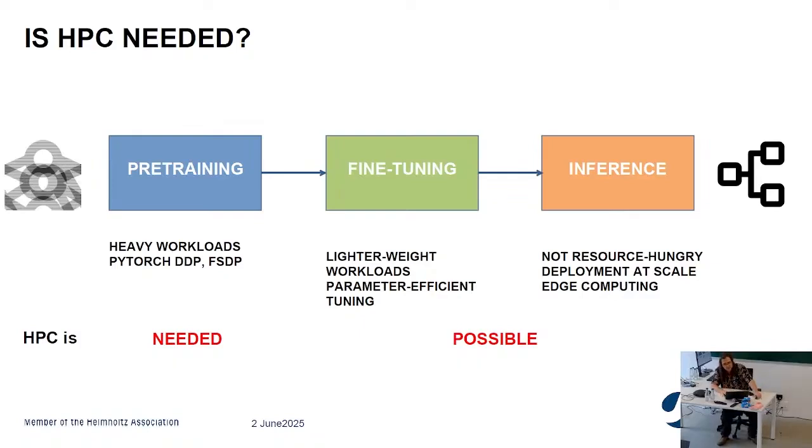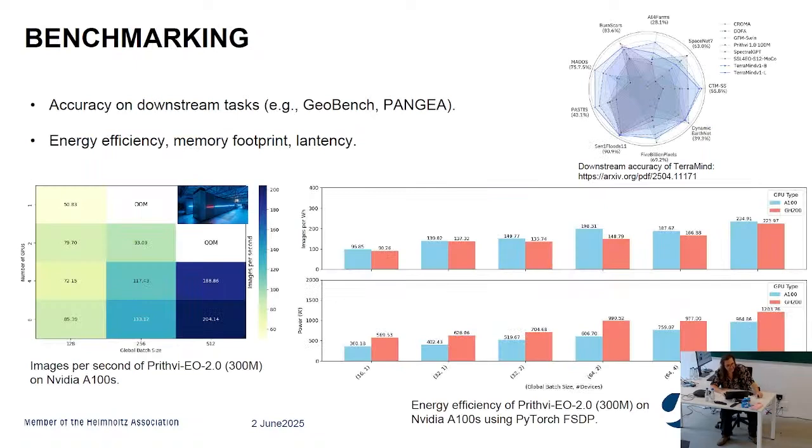And then HPC could help, especially with this long-term trend of convergence between cloud and HPC, so kind of high performance cloud is already happening. So I would say that yes, of course, pre-training is where we need a lot of GPUs, but it's not that in the later stages we don't need HPC, it can help. So that's my message here.